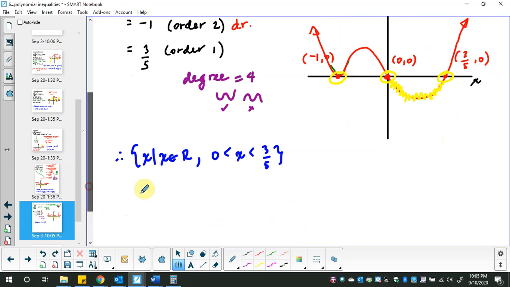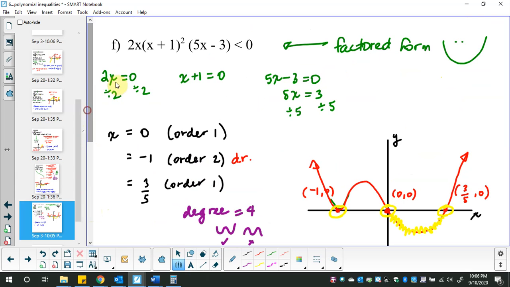Or, not that. That is bad. That doesn't really tell me anything as far as I am coloring from 0 to 3 over 5. This tells me I am coloring on the x from 0 to 3 over 5. So you absolutely need this sitting here. Your answers are for x's because your question was x's.